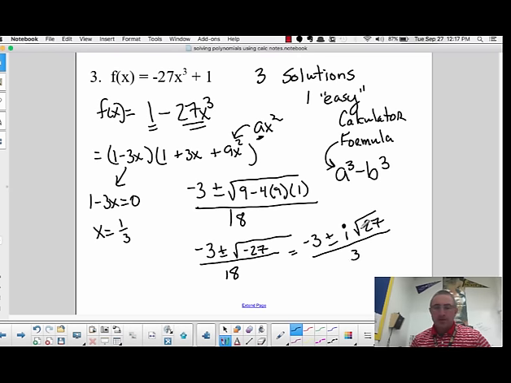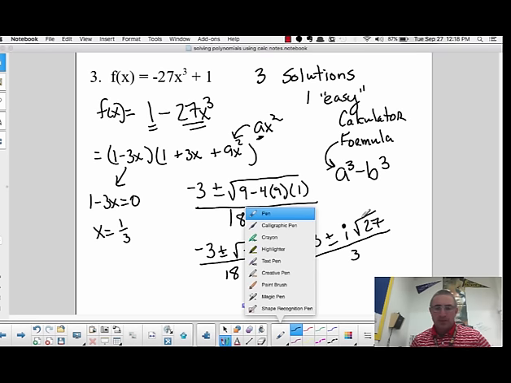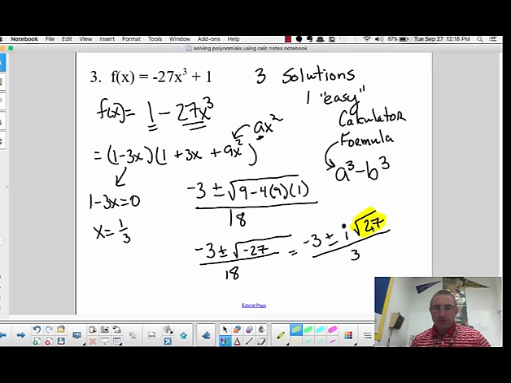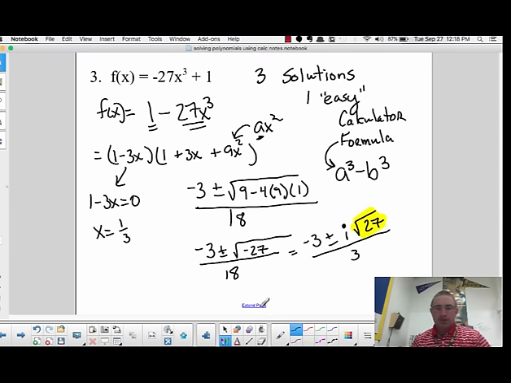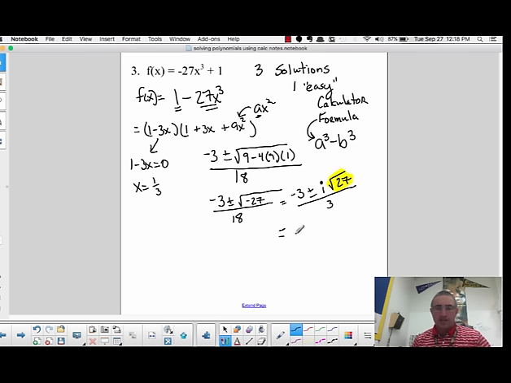Okay? Very important here, this will simplify. Let me highlight that for you. We have to simplify that. So I can simplify that to -3 plus or minus.